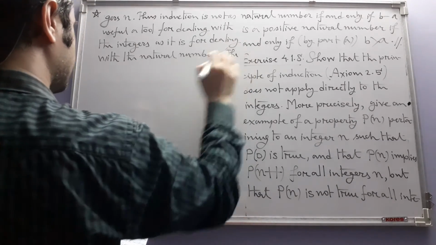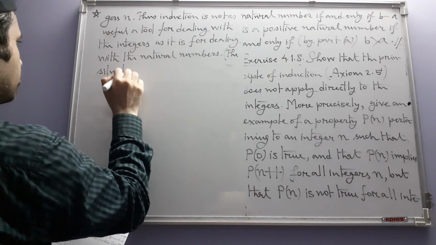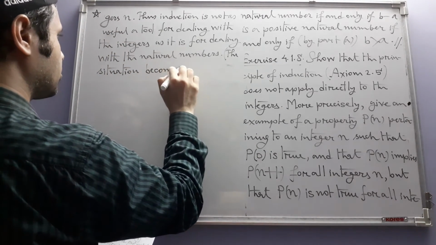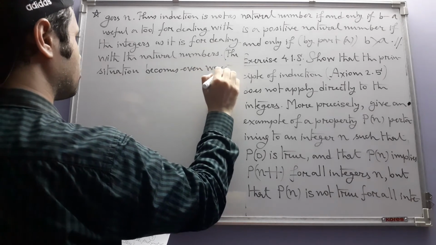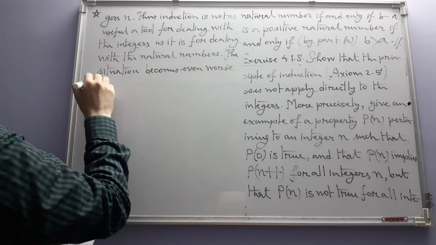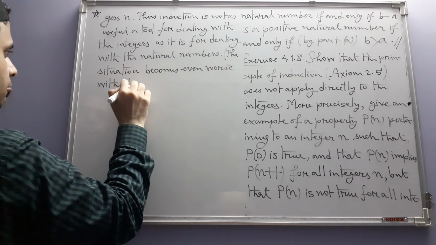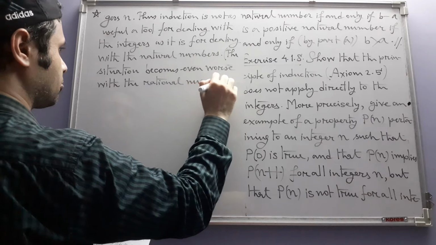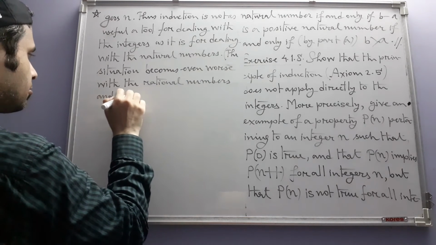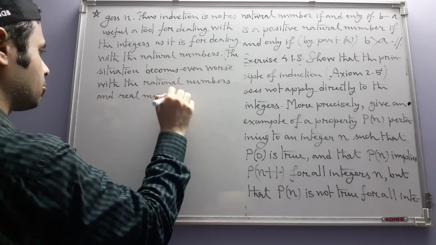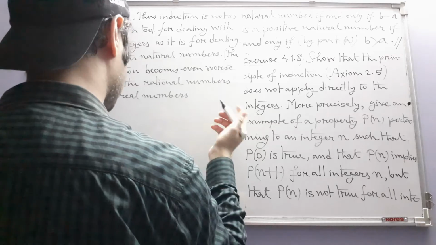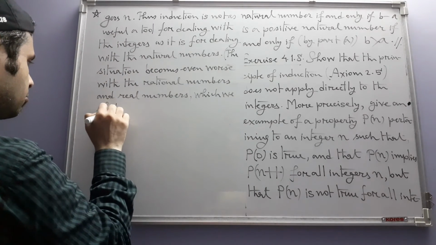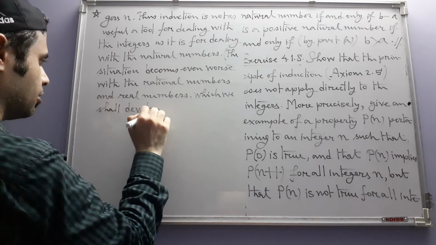And here they mention the situation becomes even worse with the rational numbers and real numbers, which we shall develop shortly.